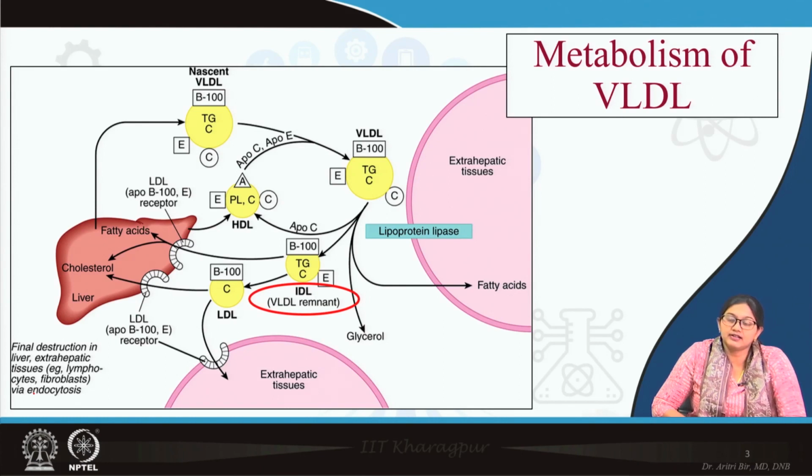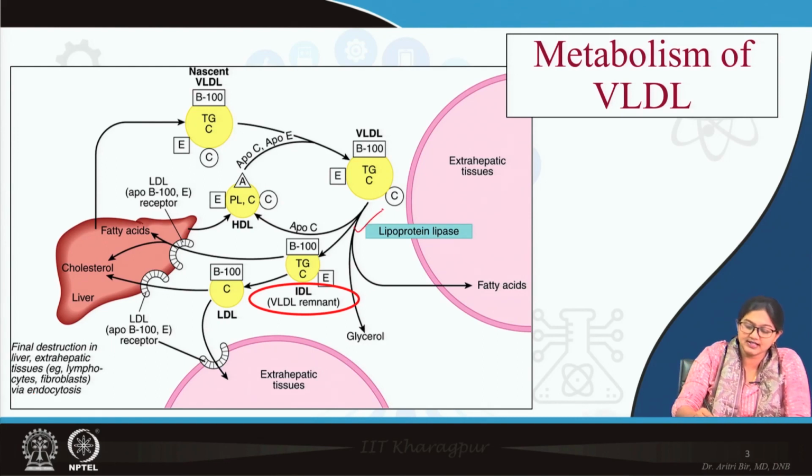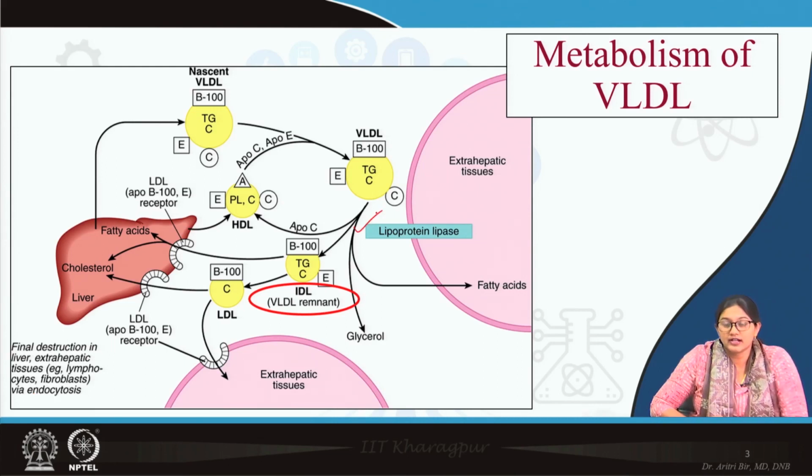VLDL carries the endogenously synthesized triacylglycerol, synthesized inside the liver, and it goes through different maturation phases, nascent VLDL, which is matured to form mature VLDL. Mature VLDL, after going through the capillaries, is hydrolyzed with the help of the enzyme lipoprotein lipase. So, there is hydrolysis of triacylglycerol with this enzyme. Finally, what is formed is a VLDL remnant.